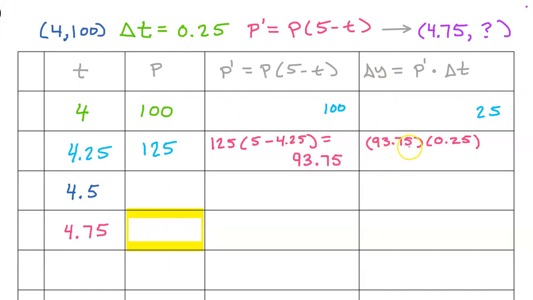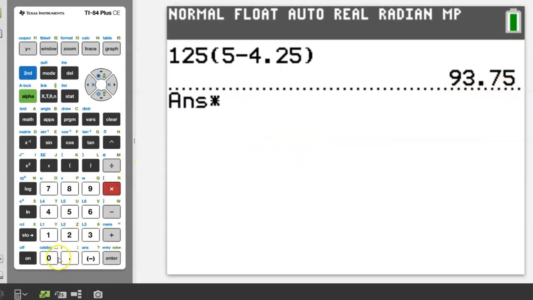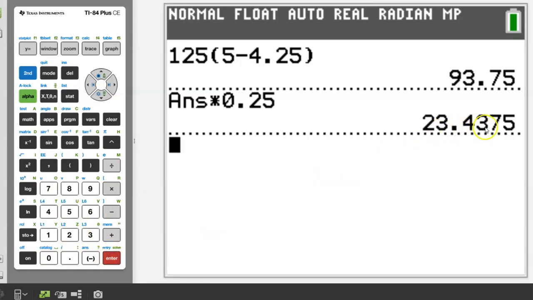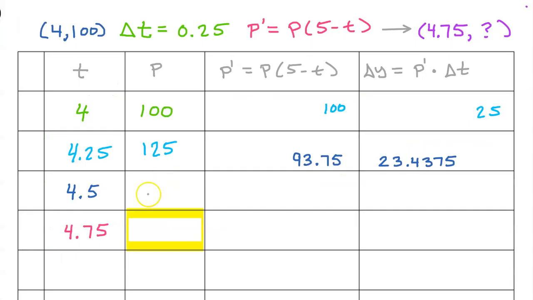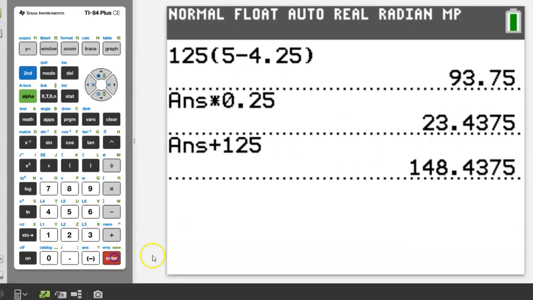That's 93.75 times 0.25. 93.75 is already in the calculator, so I can just go times 0.25. 23.4375. To get the next p-value, we need to take the delta y and add it to the previous p-value. So I need to take the number in the calculator plus 125. So I just hit plus 125.